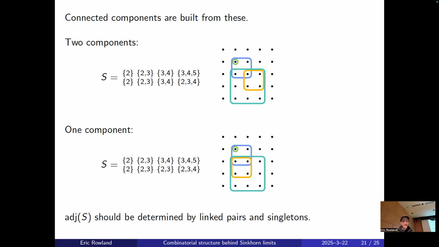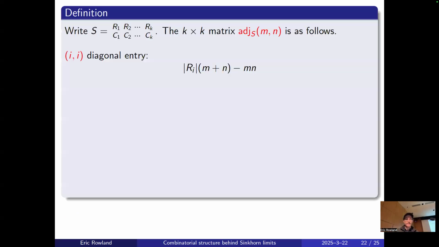So this adjacency matrix should be determined by these linked pairs. And of course, we have to figure out what happens on singletons also, because we need to know what happens on the diagonal of the matrix. Here's what it is, mostly. For every set of minor specifications, this adjacency matrix is going to be a k by k matrix, where k is the number of minors that you're looking at.